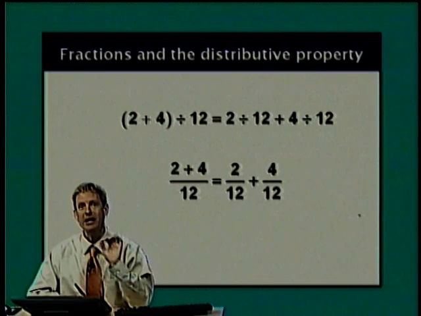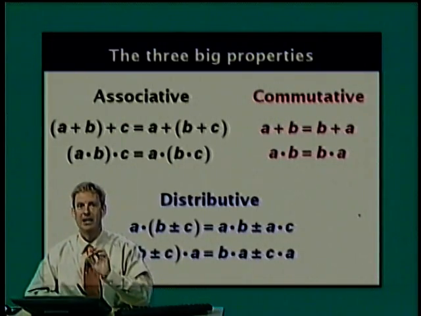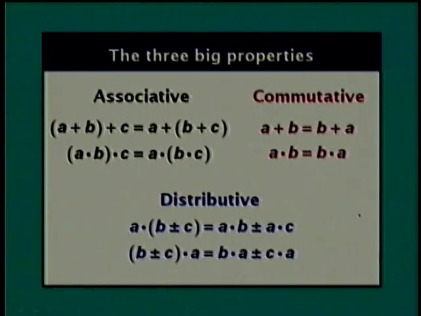So what you'd really need to remember are these three properties: the associative property of addition and the associative property of multiplication, both of which have to do with parentheses, the commutative properties of addition and multiplication, both of which have to do with order, and the distributive property, the fact that multiplication distributes over both addition and subtraction.